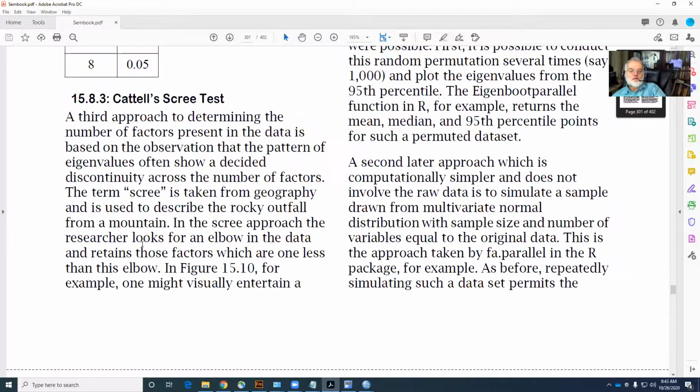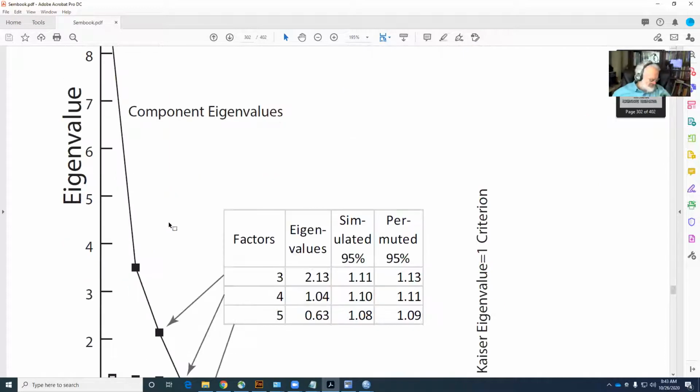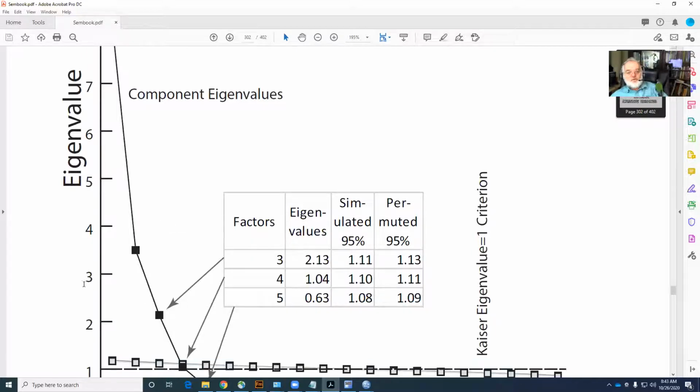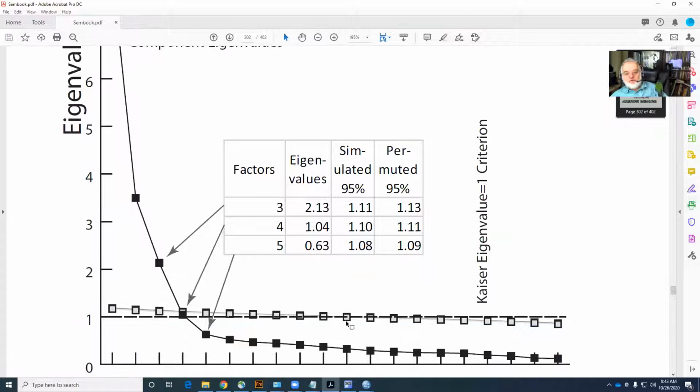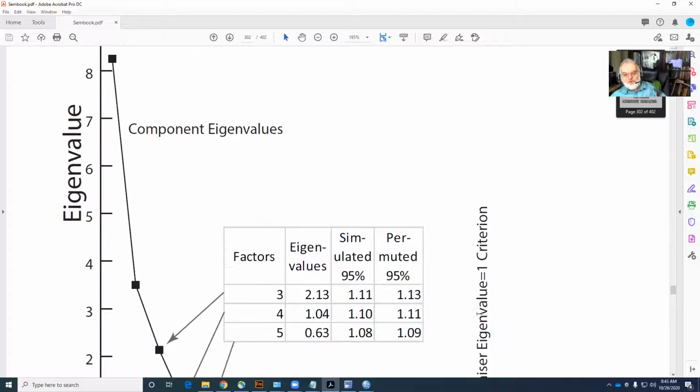And here's what one looks like. The Kaiser criterion would say, this number 1, if you have an eigenvalue bigger than 1, I'm going to keep it. And if it's less than 1, I'm not going to. And that's basically all there is to it.